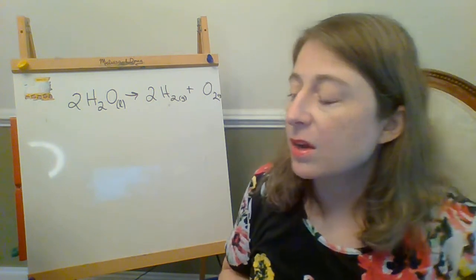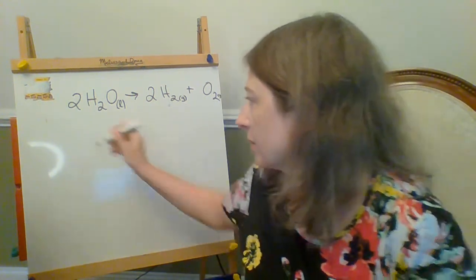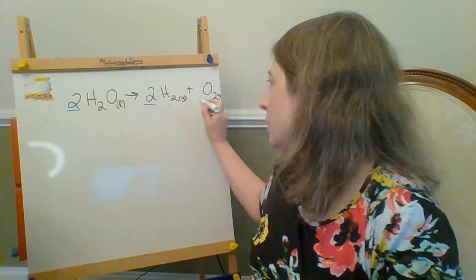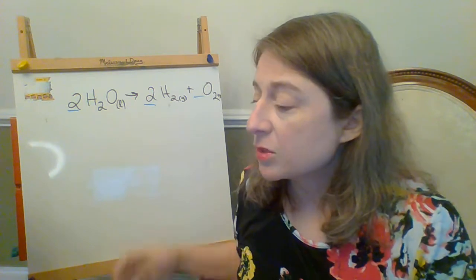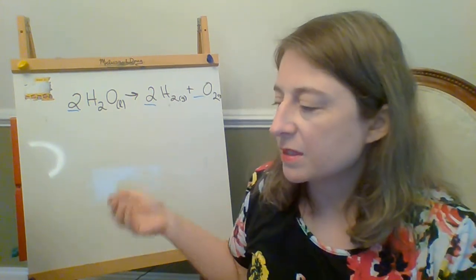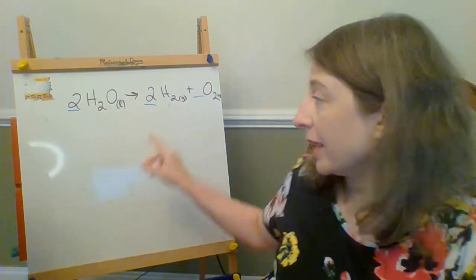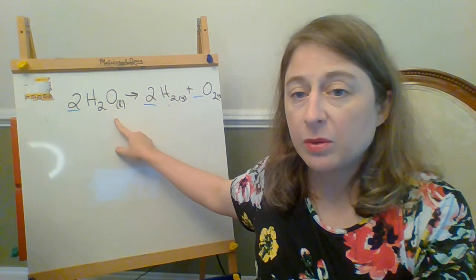Gay-Lussac's law says that stoichiometric coefficients, meaning this 2, and of course there's a 1 there, relate volumes of gases where the substances being considered are gases. I cannot use Gay-Lussac's law when I'm dealing with liquid water.